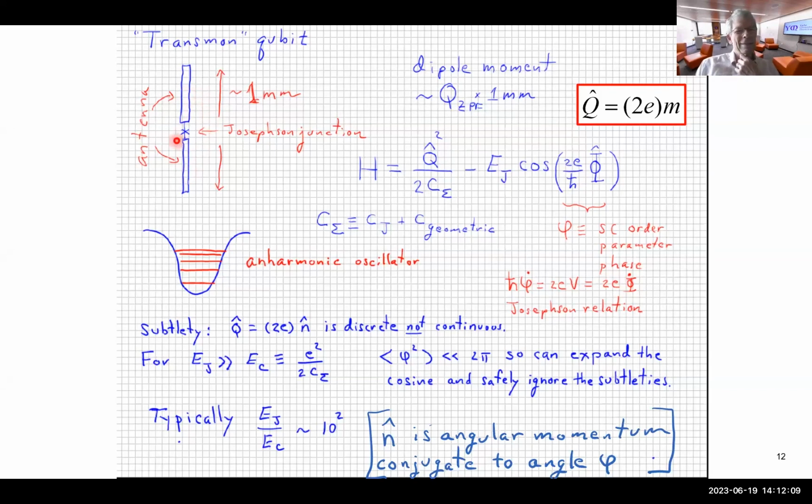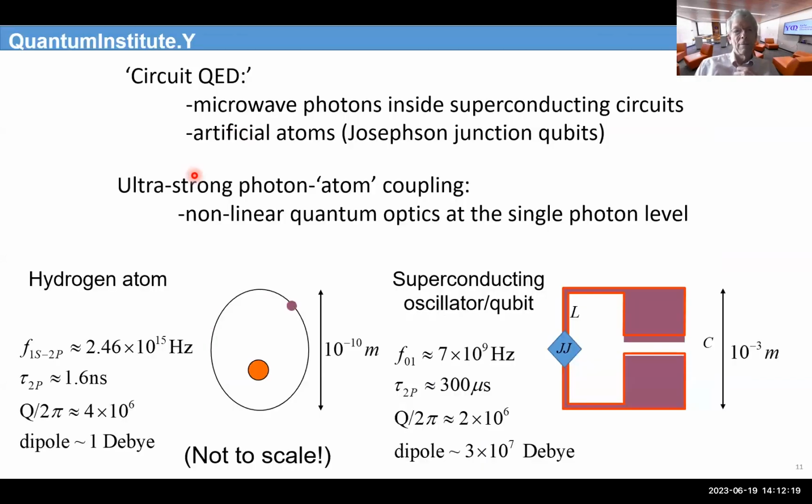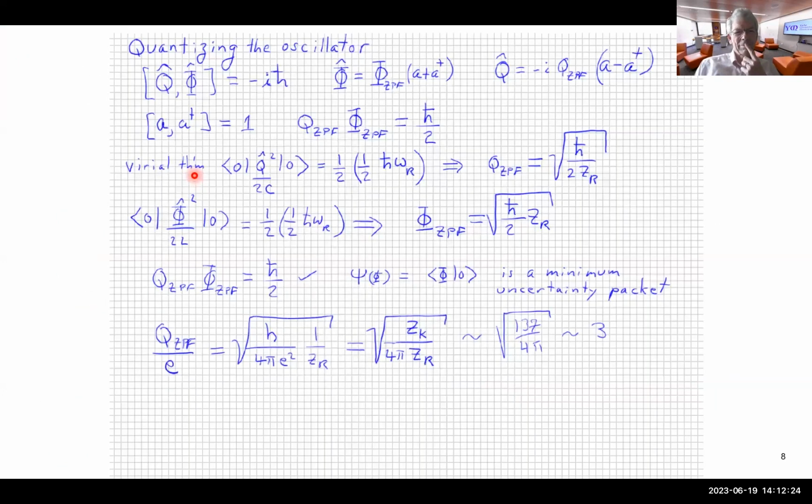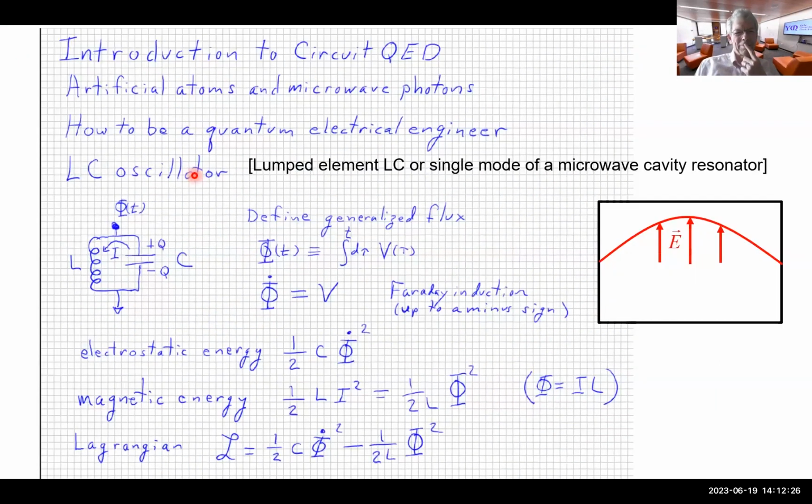It's an LC oscillator. So those are the excitations, just bigger and bigger classical oscillation of the charge, just like you would expect in an LC system like this, right? It's just like that, okay?